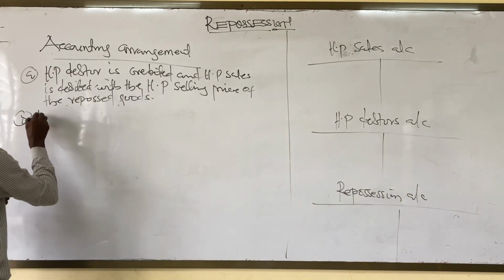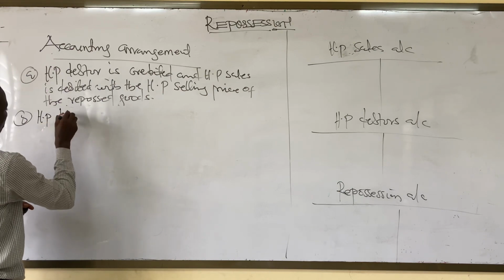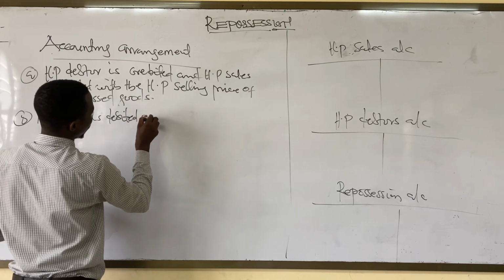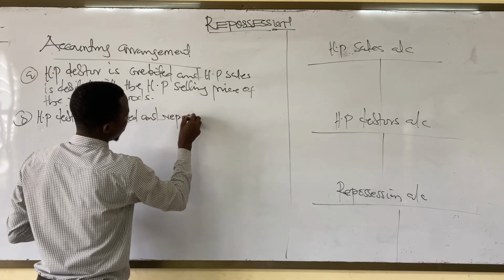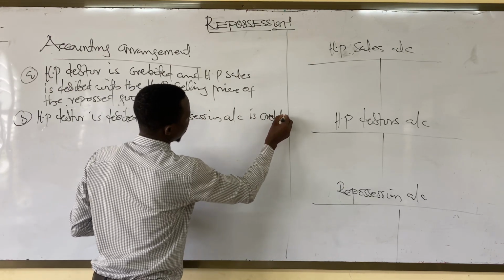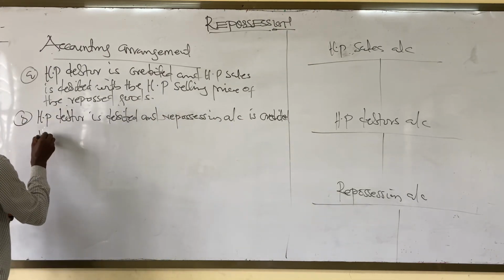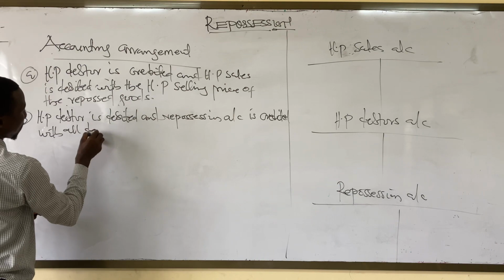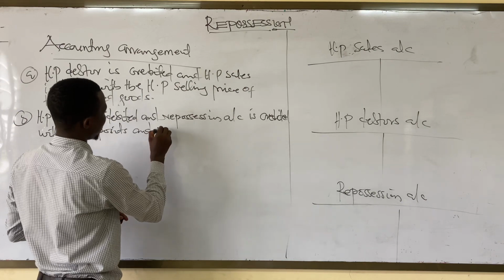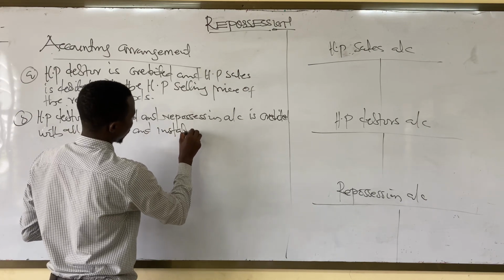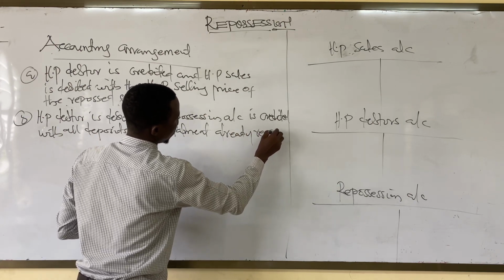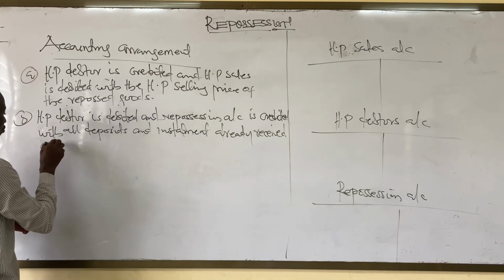So HP debtor is debited and repossession account is credited with all deposit and installments already received on the repossessed goods.